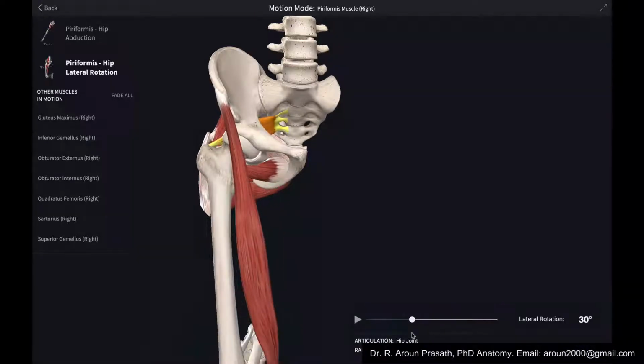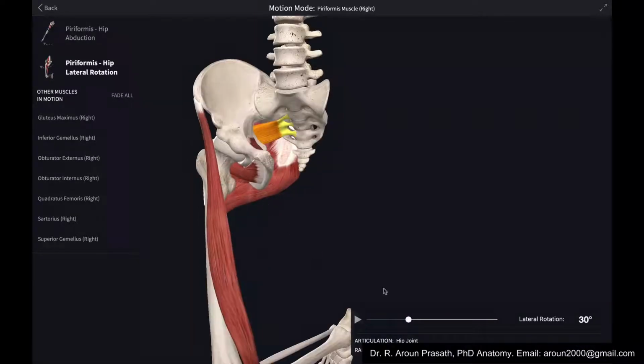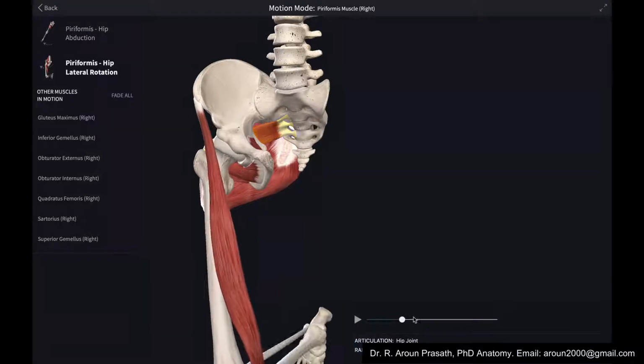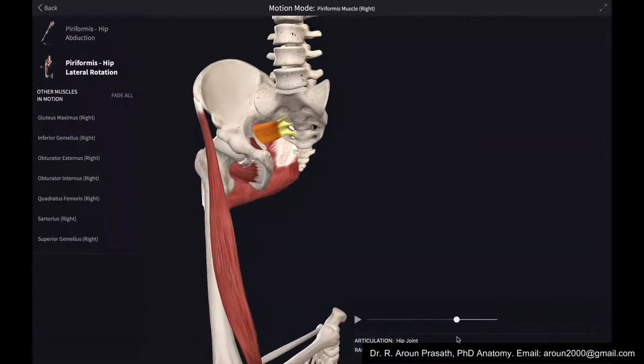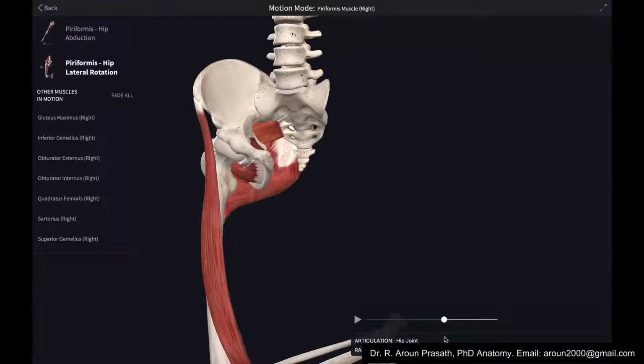You can see the contraction of the piriformis muscle during lateral rotation, which is around 60-degree range of motion. So apart from this, the hip can also do circumduction movement, the circular movement, which is a combination of all these muscles.